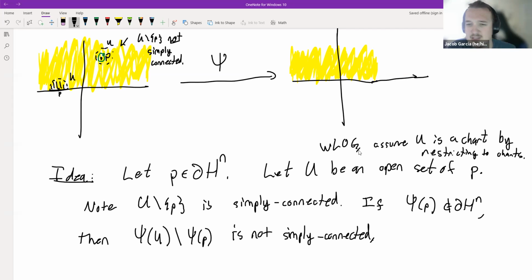And this is one of the things on exercises to know, that you can always restrict to a basis of charts, or that every manifold admits a basis of charts. And so you could just take a basic open set between your point and this arbitrary open set U, which is a chart, and then the map will still be an embedding with an image of the open set will still be open, because that's the definition.